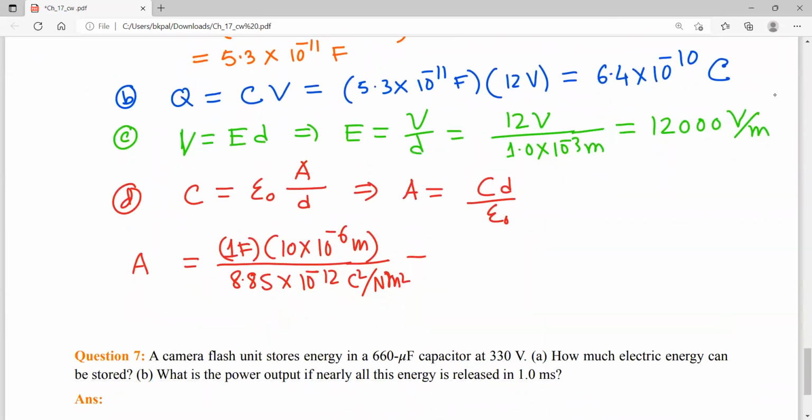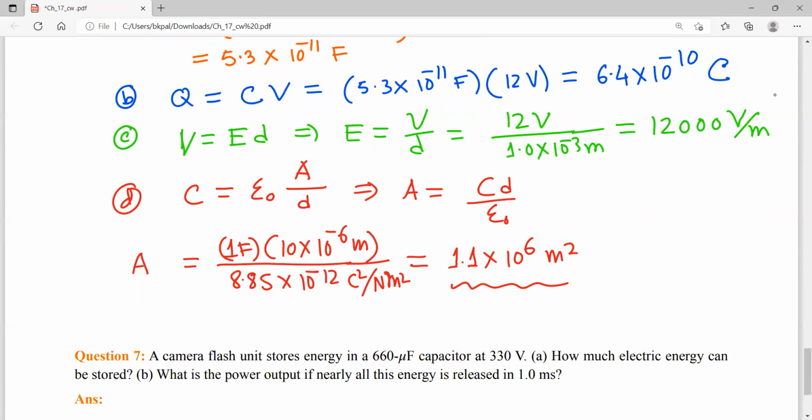If I plug all those values into our calculator, we should get a very big number. The area should be this big, and this is unphysical. It's a very large number, about 1 square kilometer.